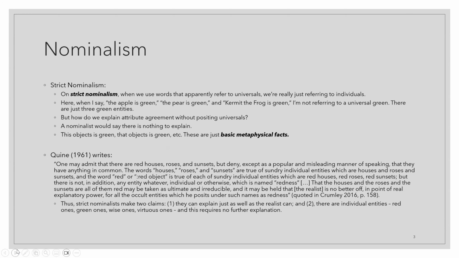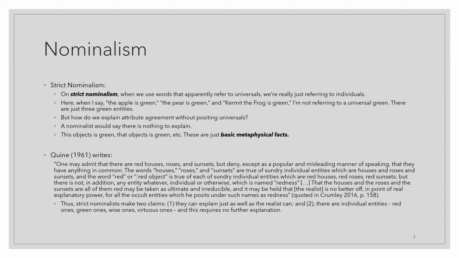Now, there are lots of different kinds of nominalism, but there are two that Crumley focuses on here. The first is strict nominalism. And then we have varieties of resemblance nominalism. So on strict nominalism, when I utter sentences that refer to or seem to refer to universals, I'm really just referring to individuals.